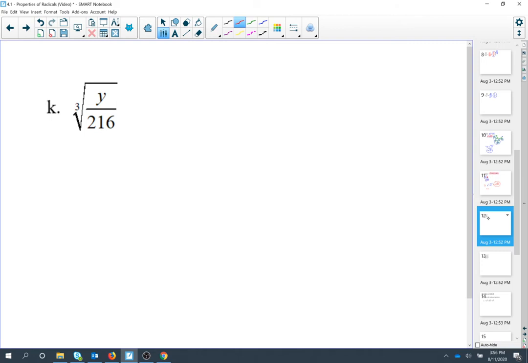Letter K, cube root of y divided by 216. So same thing as before, we can break this into the cube root of y divided by the cube root of 216. I'm looking at 216 and I'm going to start with 7 times 7 times 7. Nope. 6 times 6 times 6.